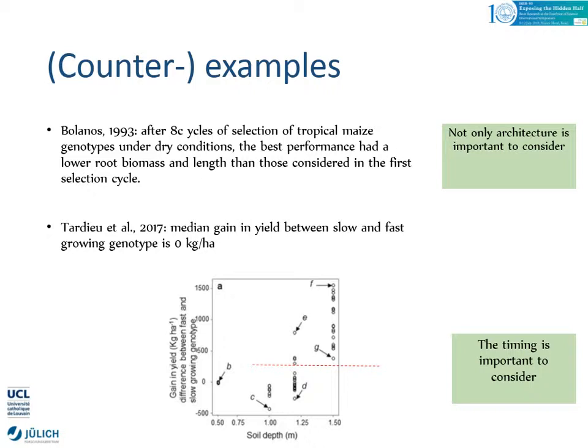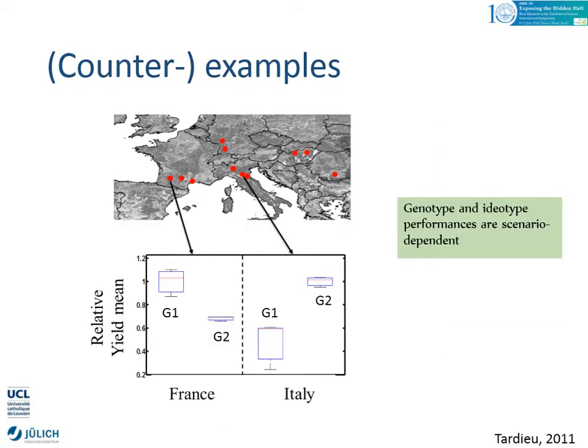So it's not only the architecture, it's also the timing, how the root grows as a function of the scenario, the climatic scenario, the soil, and so on. Another counterexample comes from a DROPS project, a European project where more than 200 genotypes were sown all over Europe and compared in terms of yields.